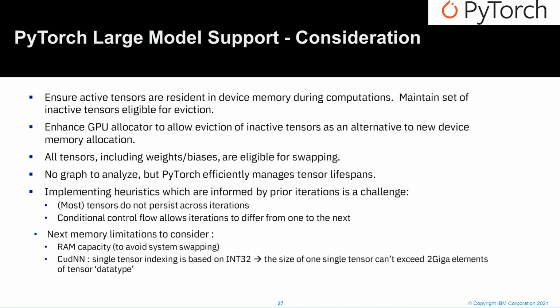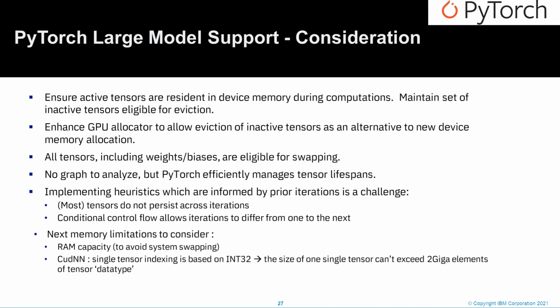The next thing to consider is the limits. Once you have LMS activated, it won't be magic. There are other limits. You've seen, for example, 10x for ResNet 101. It means you are hitting the limit of the main memory, the RAM capacity itself, because you are going to swap all this huge data, and if you are using 4 GPUs, it will put a lot of data into the main memory, and your whole system can swap.